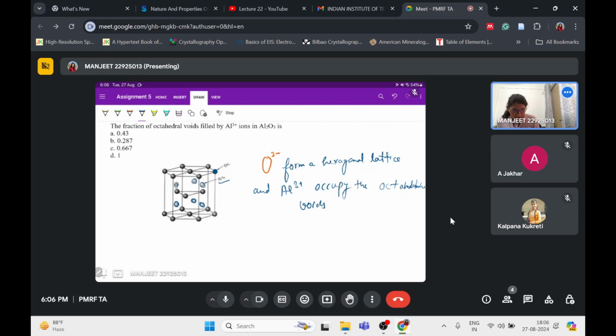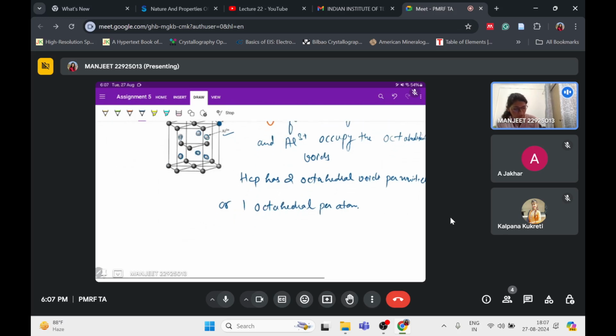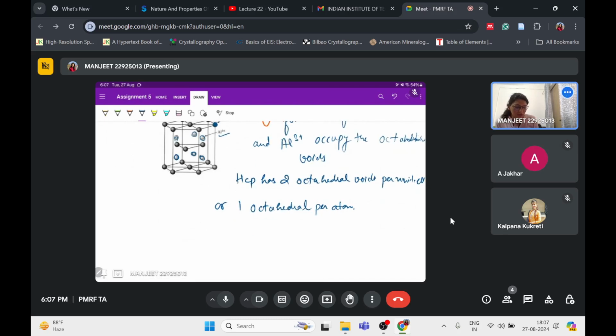You know that for HCP, which we have already discussed, HCP has two octahedral voids per unit cell, or one octahedral void per atom. We already calculated this in the last tutorial, maybe in the third or fourth, and found that HCP has two octahedral voids per unit cell and one octahedral void per atom.